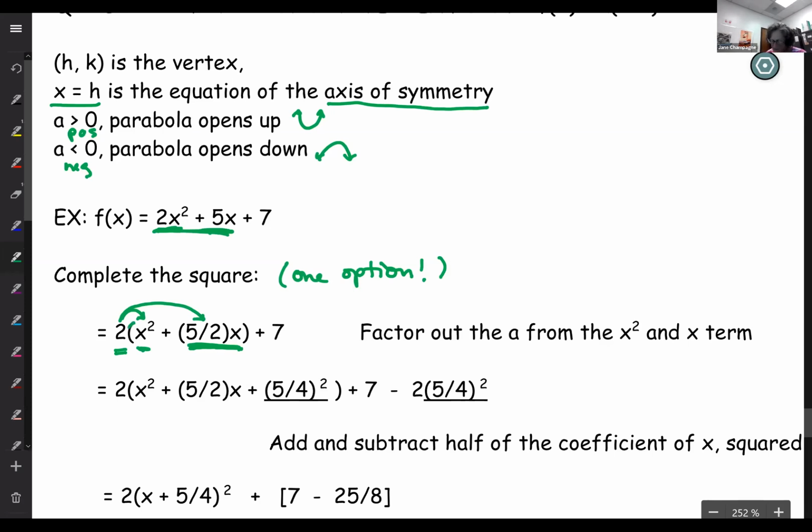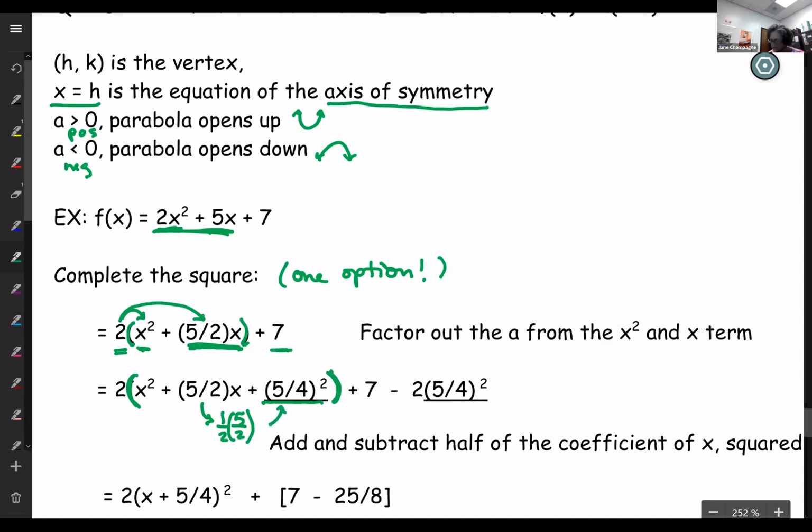So you just factor that out of the x terms. Keep the plus 7 just as it is. And then inside parentheses, with the x terms, you complete the square, where you take half of that coefficient, which is 5/4, squared.